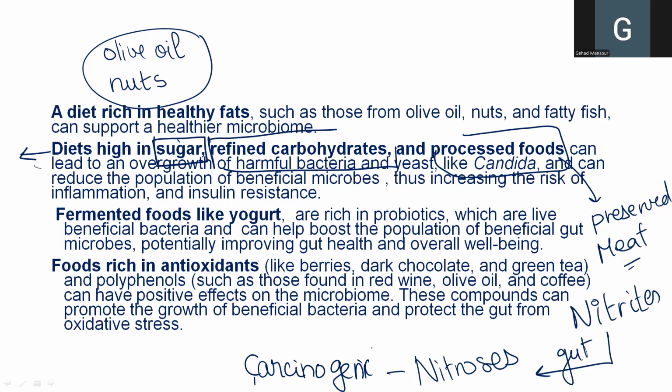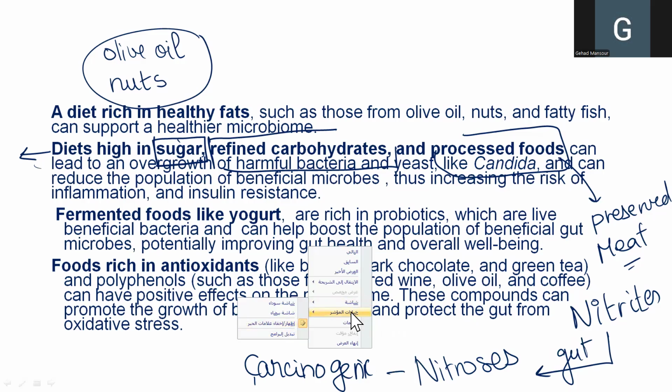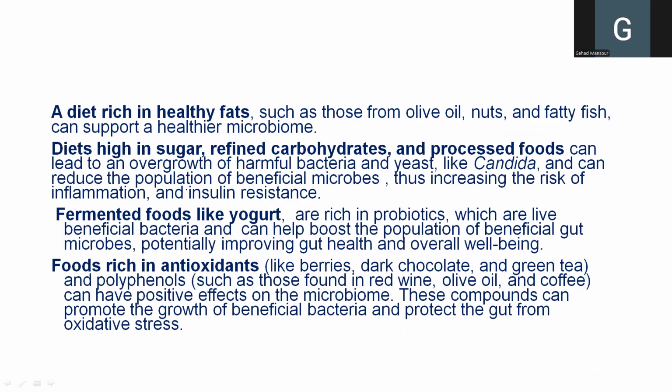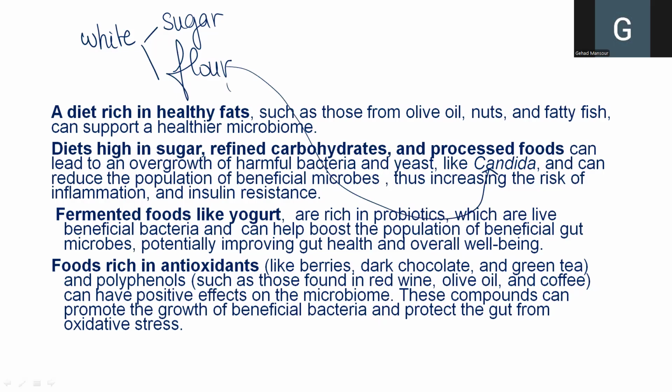But what about the refined sugars and the refined carbohydrates? By refined sugars and refined carbohydrates, I mean white sugar and white flour. So you have white sugar, this is refined sugar, and white flour. Both of them do what? They help the growth of bacteria and fungi.